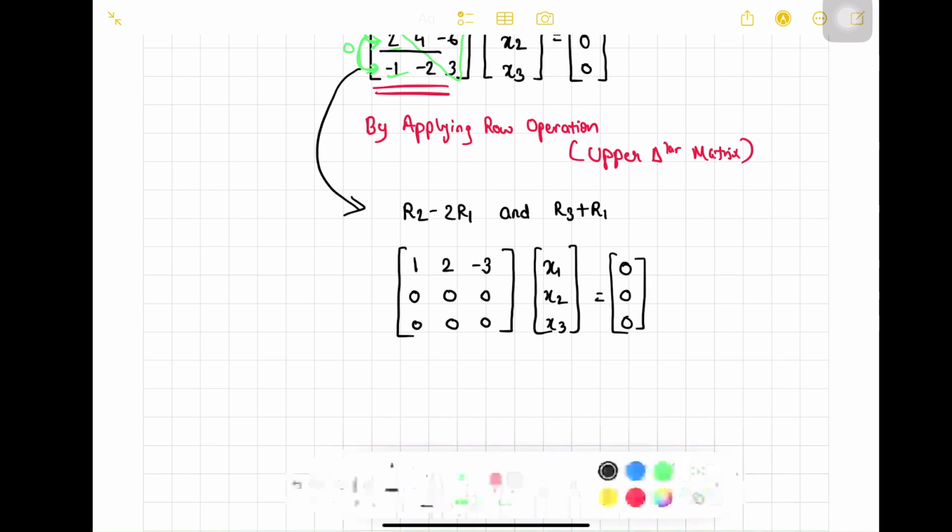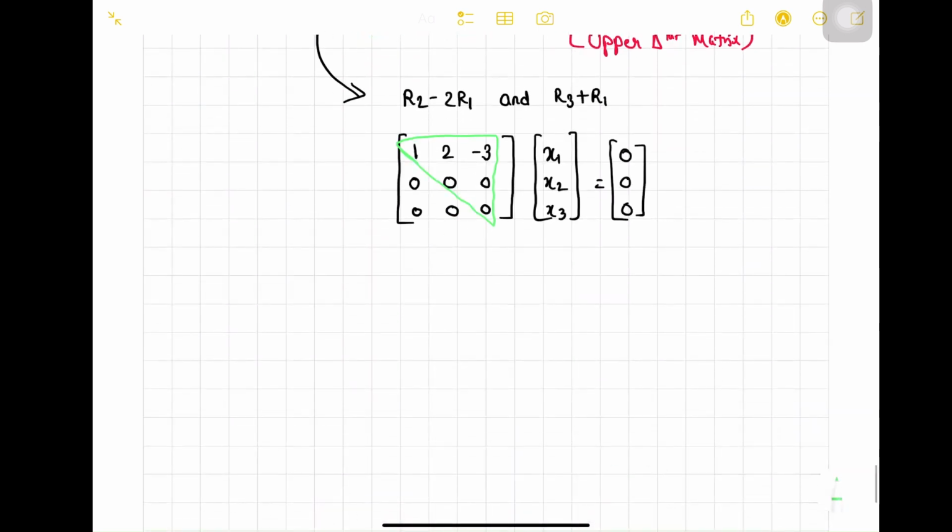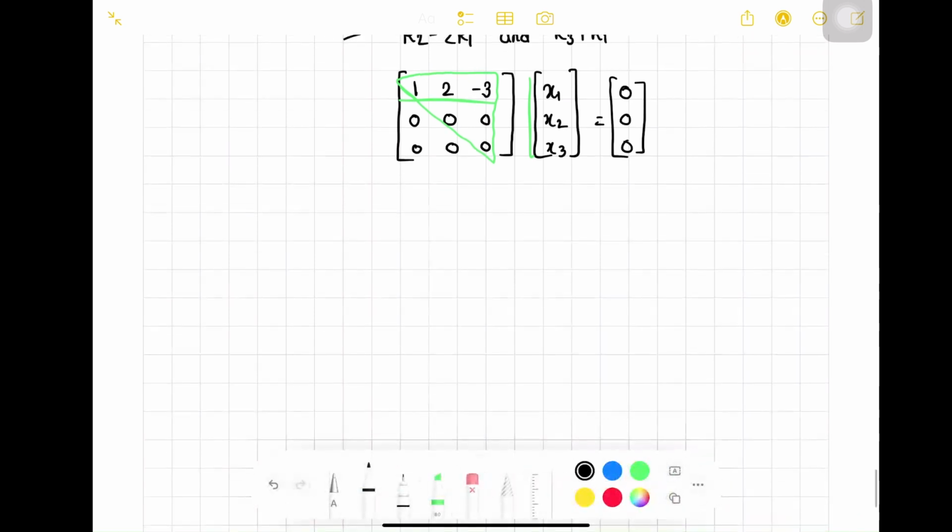So you can see here that by applying row transformations, this matrix has been converted into an upper triangular matrix. Now we will multiply this out and we get the equation x1 plus 2x2 minus 3x3 is equal to 0.